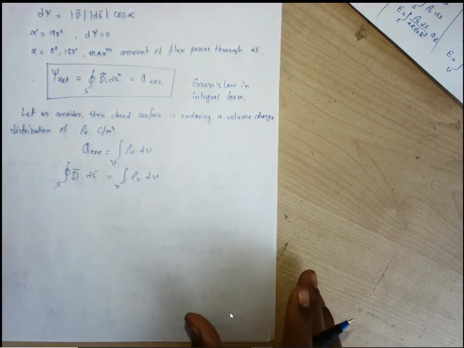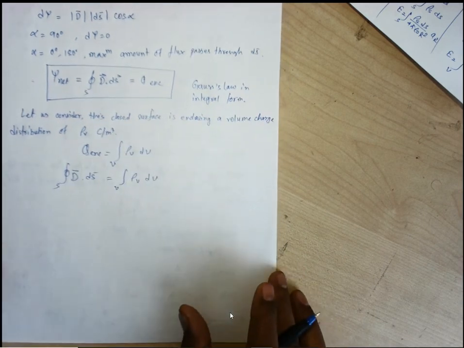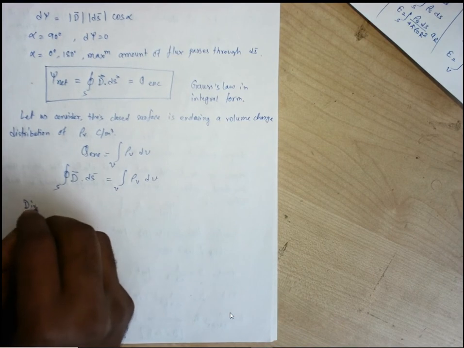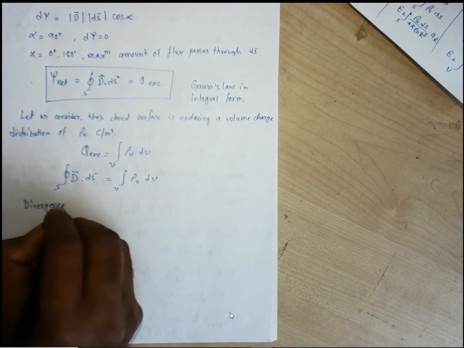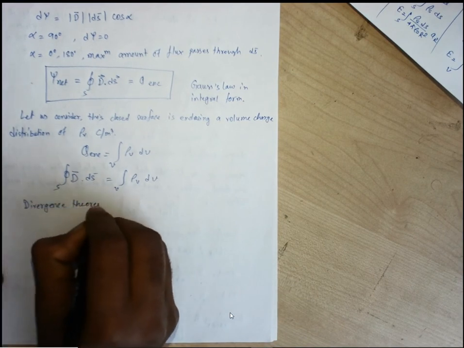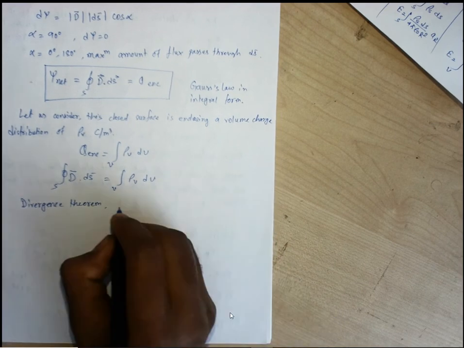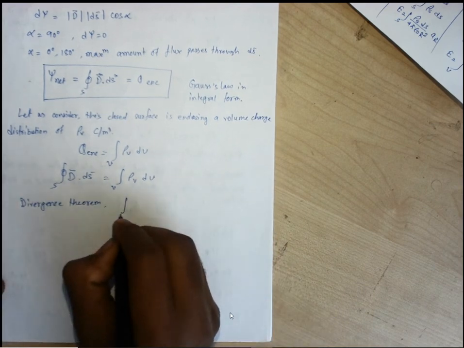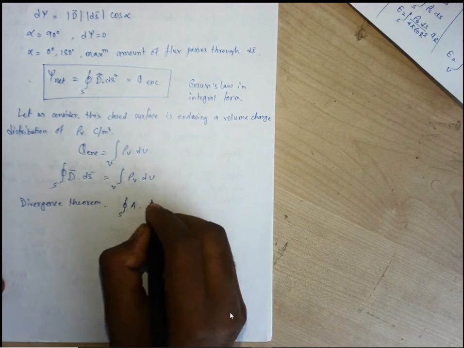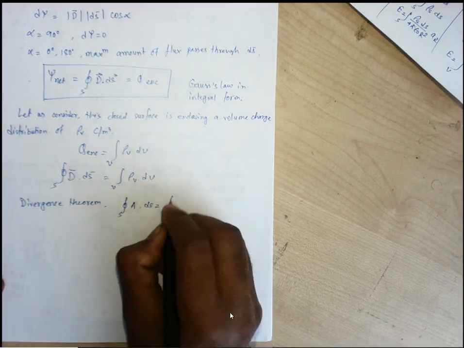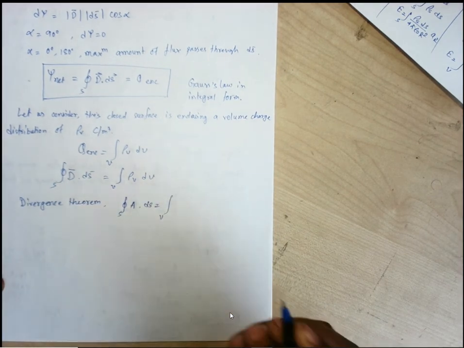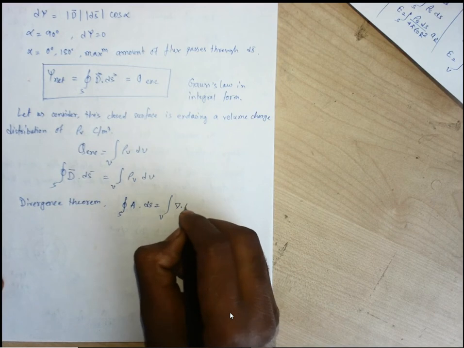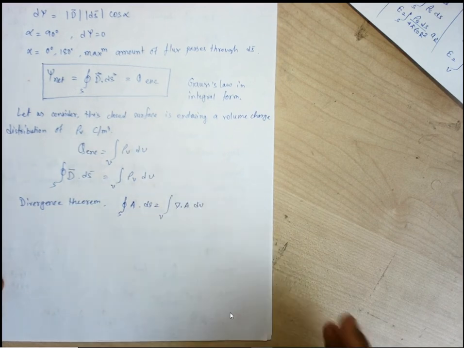So here we are supposed to use the divergence theorem. What does it mean? The divergence theorem always relates volume integration with surface integration. If A dot dS is there, then we can write that it is having the divergence of A within that volume.